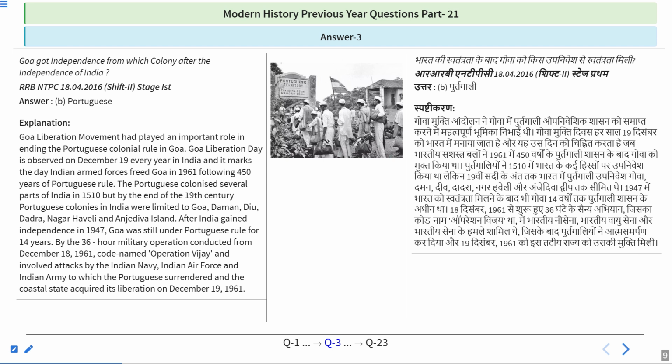A 36-hour military operation was conducted from December 18, 1961, codenamed Operation Vijay, involving attacks by the Indian Navy, Air Force, and Army, to which the Portuguese surrendered, and the coastal state acquired its liberation on December 19, 1961. So, from which colonial power did Goa get independence after the independence of India? That was basically Portuguese.